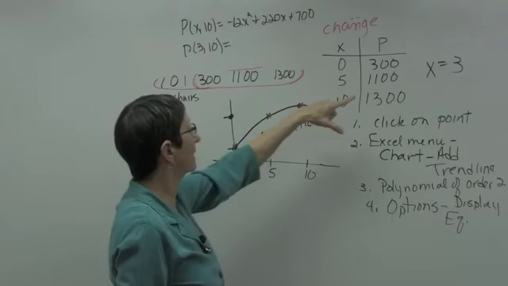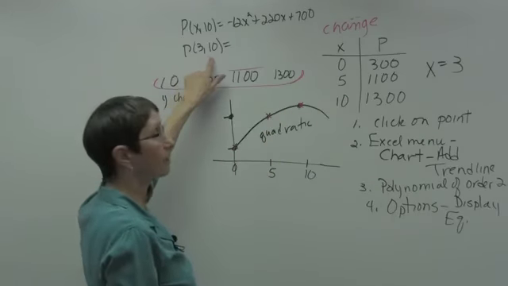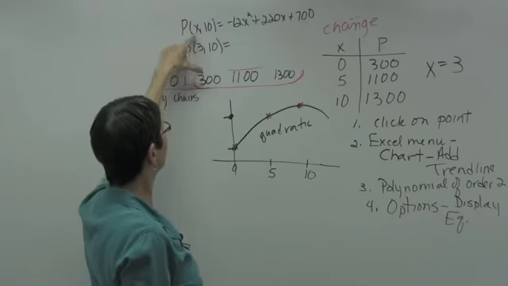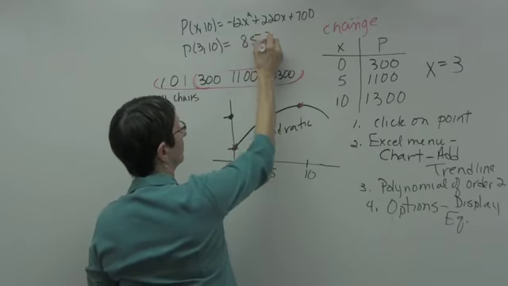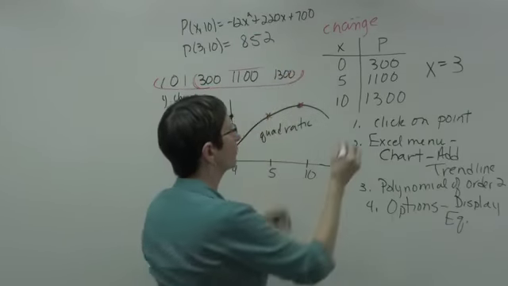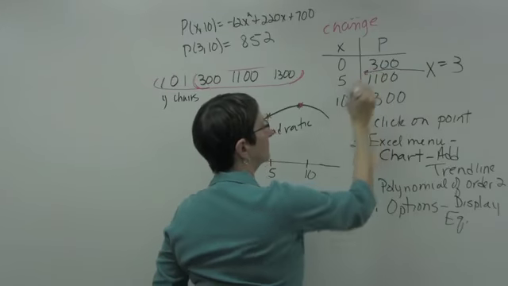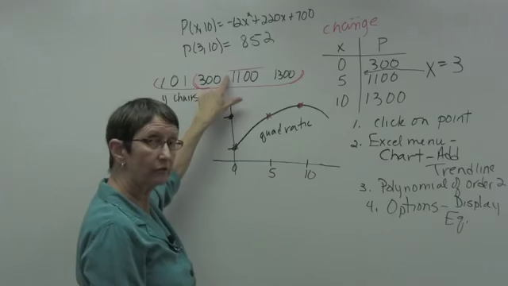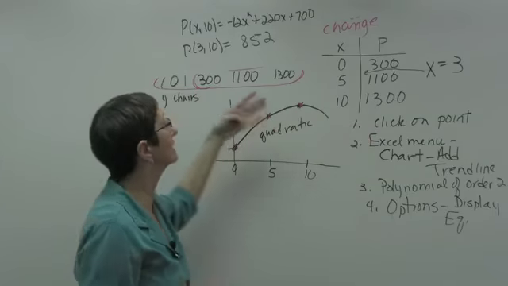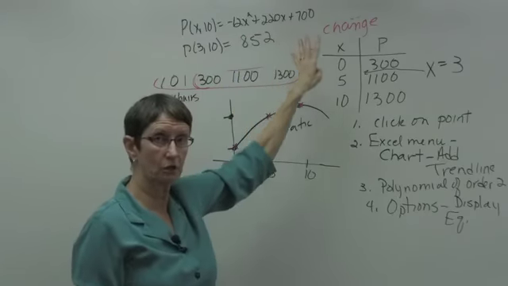If I want to know if x is 3, I'm selling 3 tables, what's my profit going to be? I plug in x equal to 3 in here. I come up with 852. That's in here somewhere. And so I found out that actually it's 852.